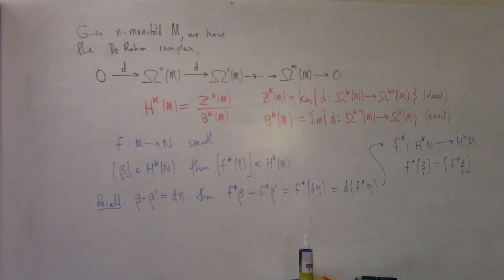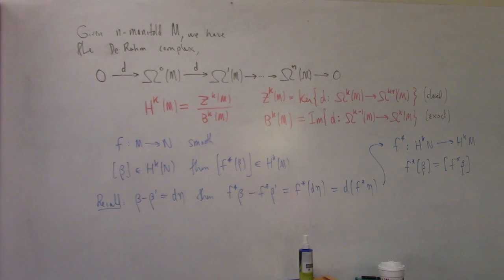I mean, what is the bracket of beta actually, explicitly? It's an additive coset, right? It's beta plus B^k(N). And then we just showed, yeah, that's what we've shown. I was just begging the question, but yeah. So exactly, if we took two different representatives, beta would be equal to beta prime plus d eta.